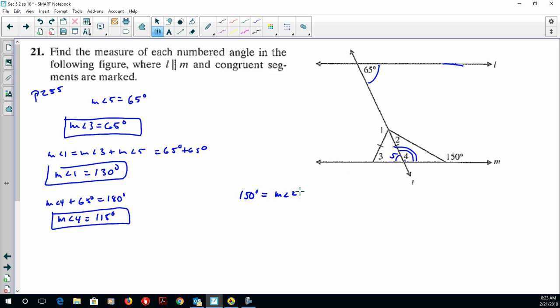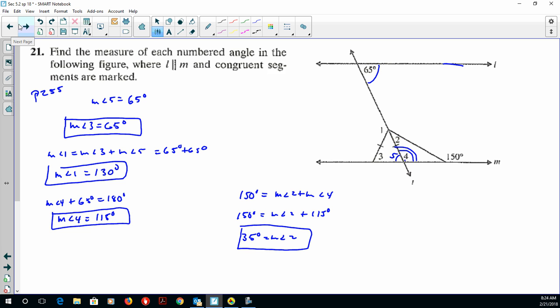So 150 degrees is the measure of angle 2 plus 115 degrees. Subtract 115 from both sides. 35 degrees is the measure of angle 2. And I think we've got everything there: 1, 2, 3, 4. Yep. Okay, pretty straightforward stuff.